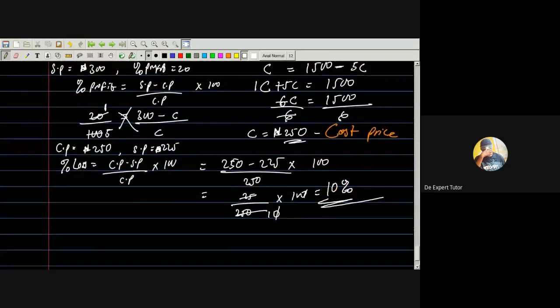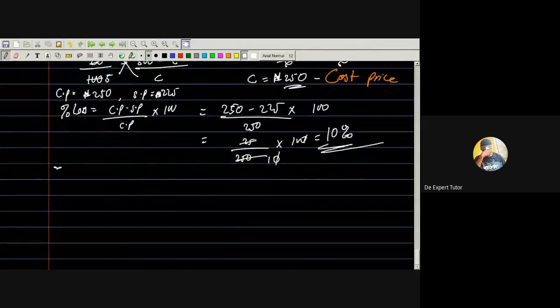Okay. So knowing this, let me see if I can give you an exercise, a very simple exercise. It will be simpler than this. Give me a second.